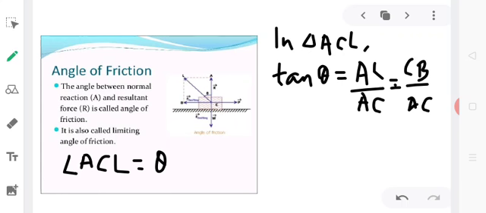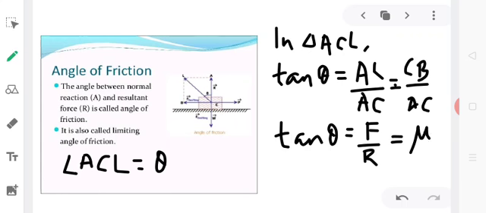So tan of theta is equal to F limiting divided by R, and that is equal to mu according to the laws of limiting friction. Hence, mu is equal to tan of theta, that is coefficient of limiting friction between any two surfaces in contact is equal to tangent of the angle of friction between them. Let's mark it as equation number A.